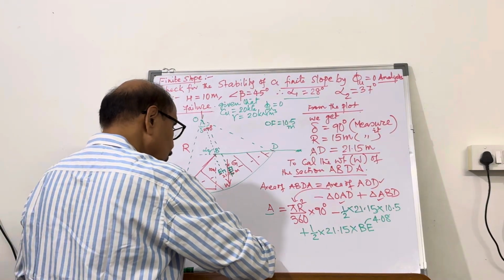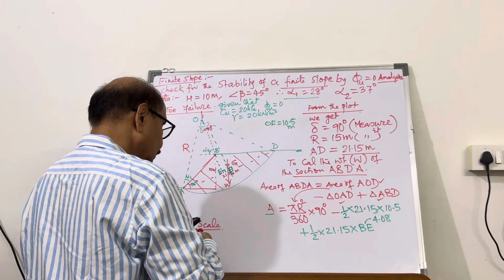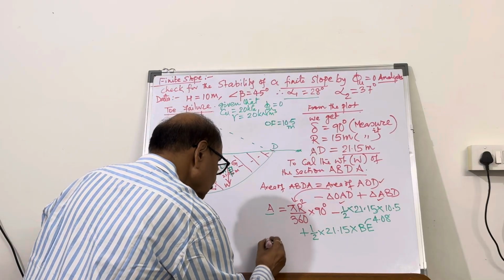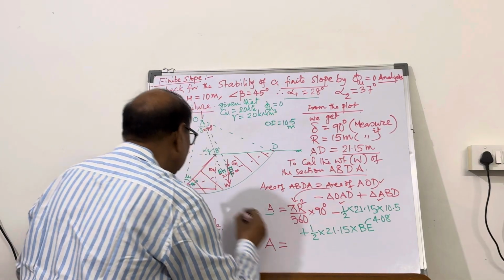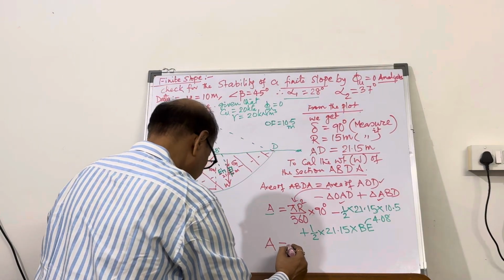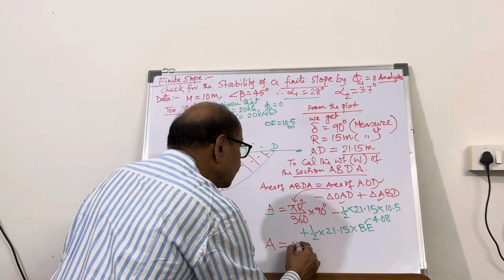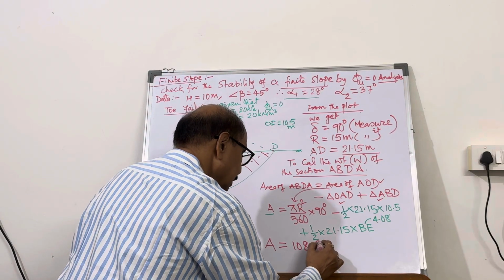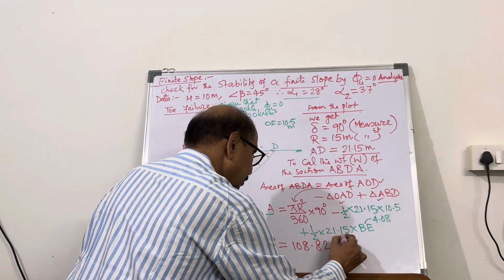This gives you the area A. So the area of ABDA, this section, is 108.82 square meter.